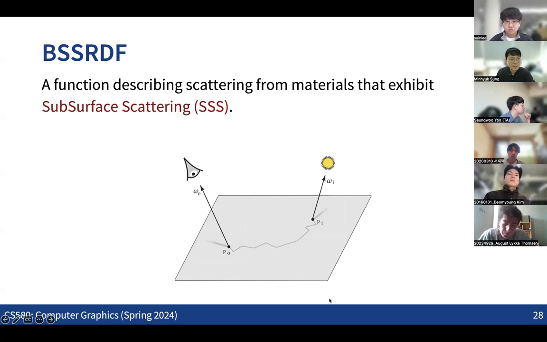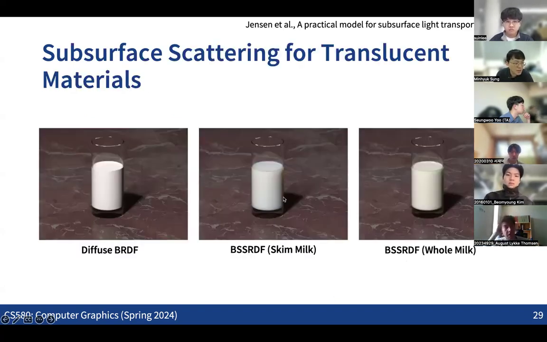Typically, when we have translucent materials, such as a very dense liquid, or cases where we have multiple layers in the material, we might consider using the BSSRDF, which has subsurface scattering properties.